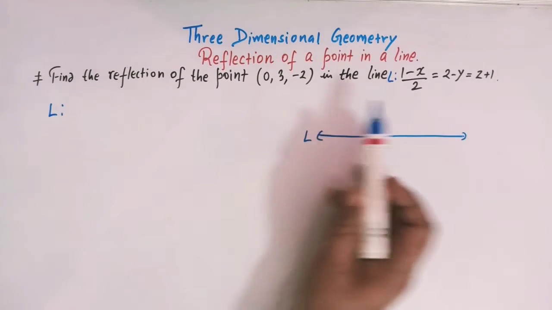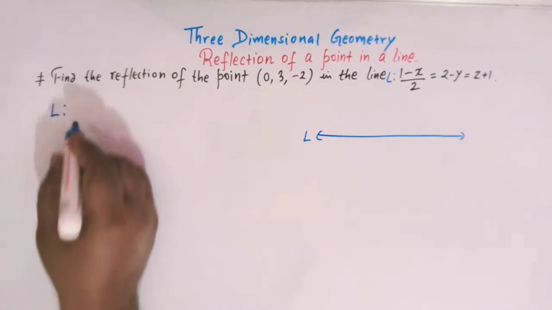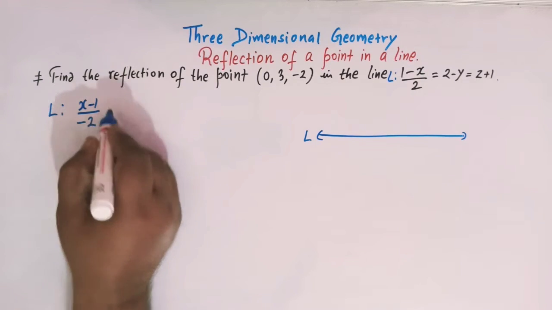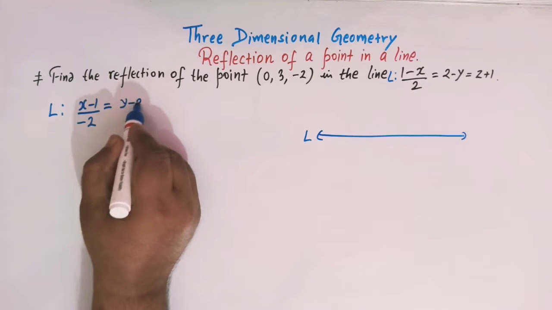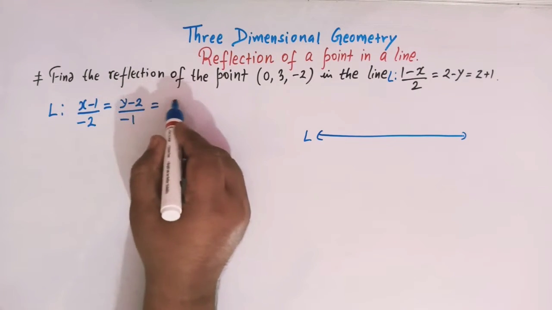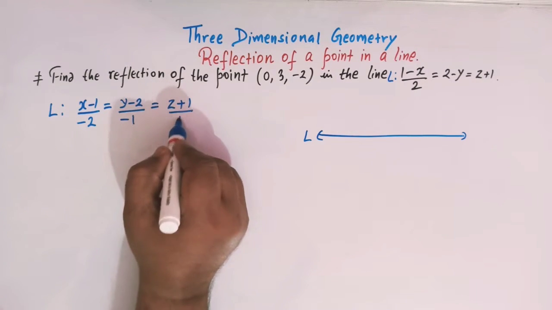So the equation of this line can be rewritten as x minus 1 over minus 2, and this term can be written as y minus 2 over minus 1, and this term is z plus 1 over 1, right?